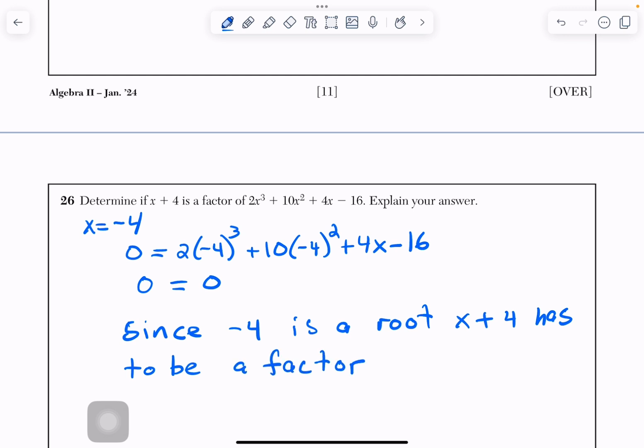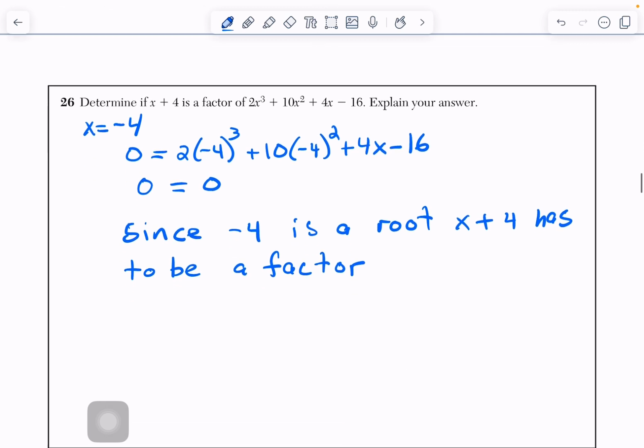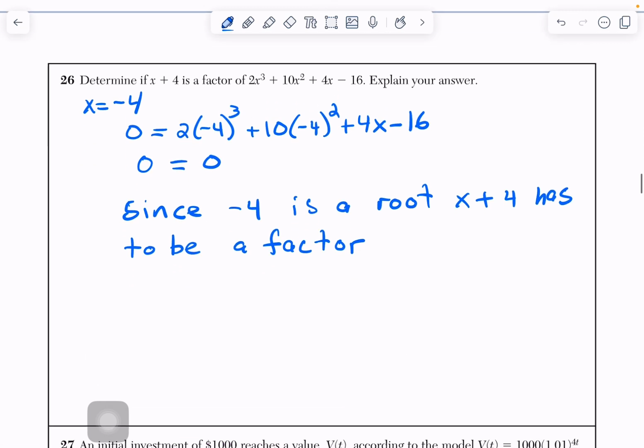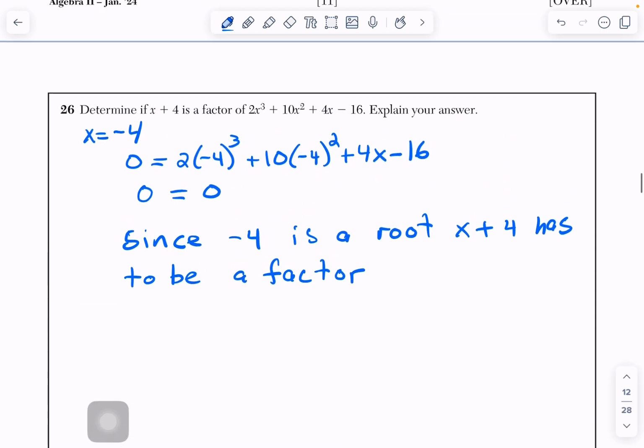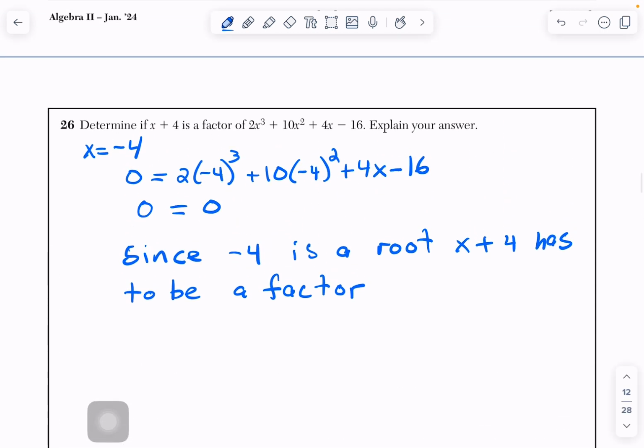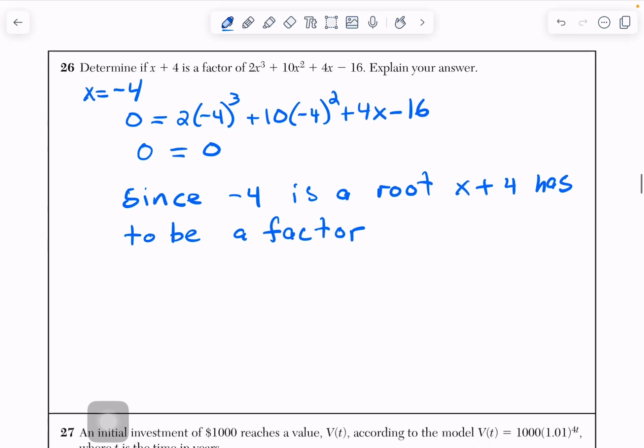Okay, the other way to do it is to use synthetic division, right? You could use, not synthetic division, long division, and divide it and see if you get no remainder, right? But this way is a little shorter. And use the calculator, right? Write it out. Substitutions always go in parentheses, and make sure that you put it in exactly the way you see it.